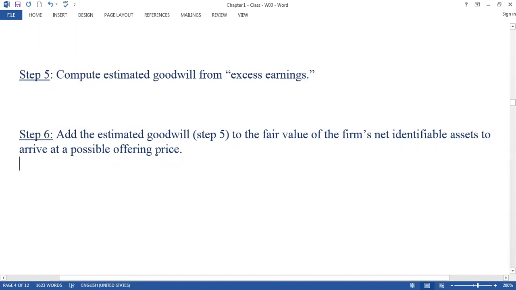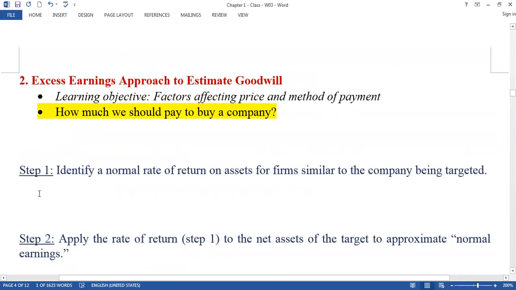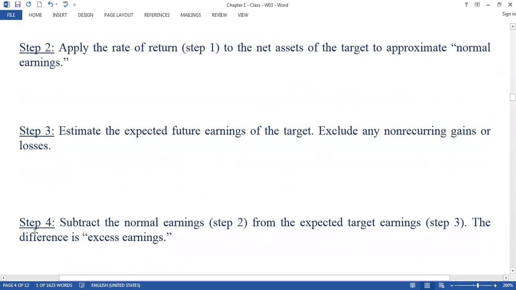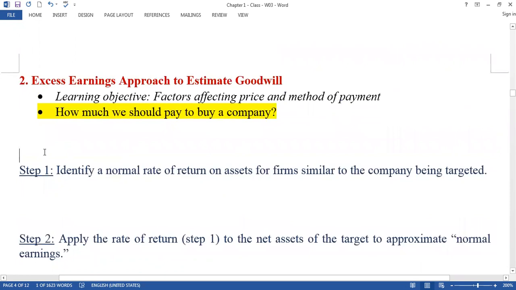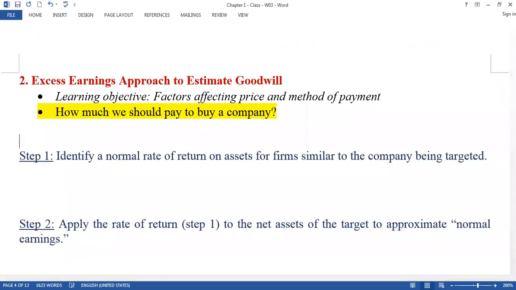In the last step, we are going to determine the price of the company. So to get this information, we have to follow these 6 steps. Otherwise, it is very difficult to calculate. So let's see how to calculate these steps.